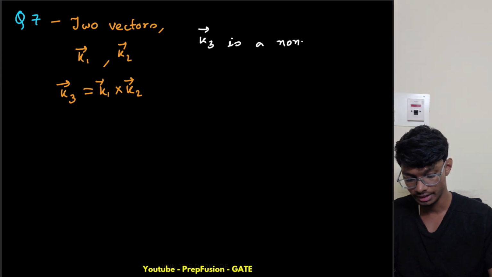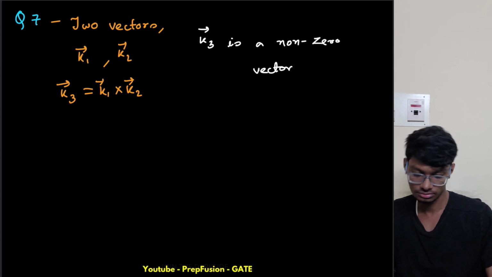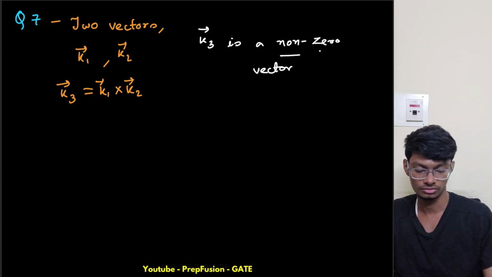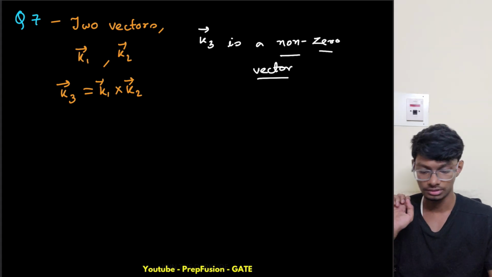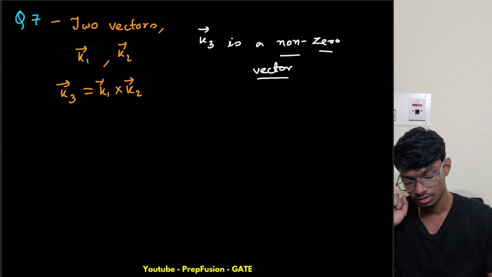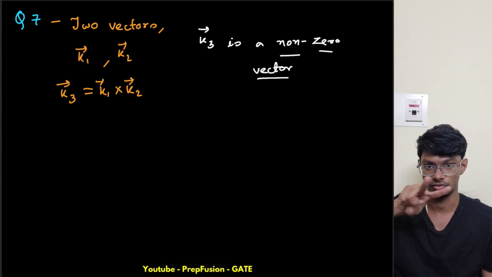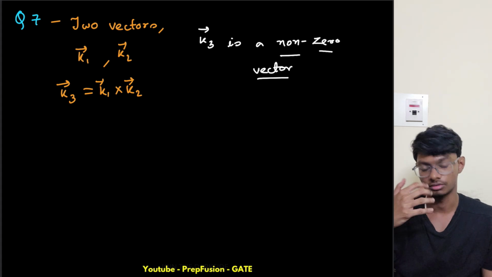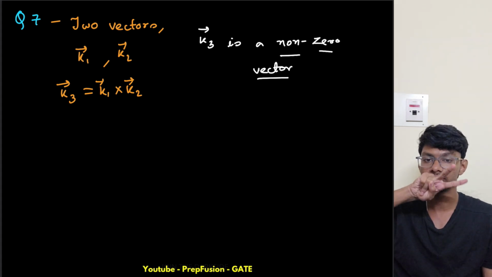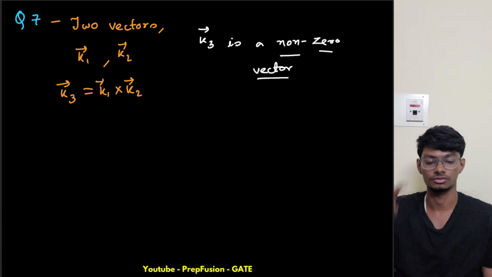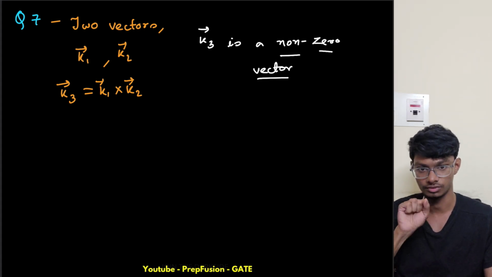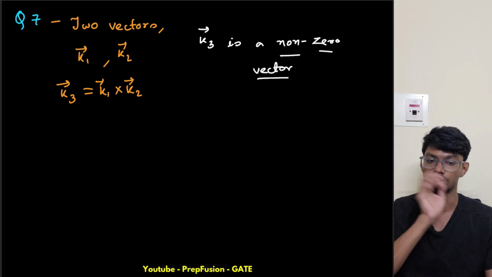I don't know about the direction, but k3 is a non-zero vector. Just remember k1 and k2 are written in terms of i and j only. Now k3 I get as k1 cross k2.